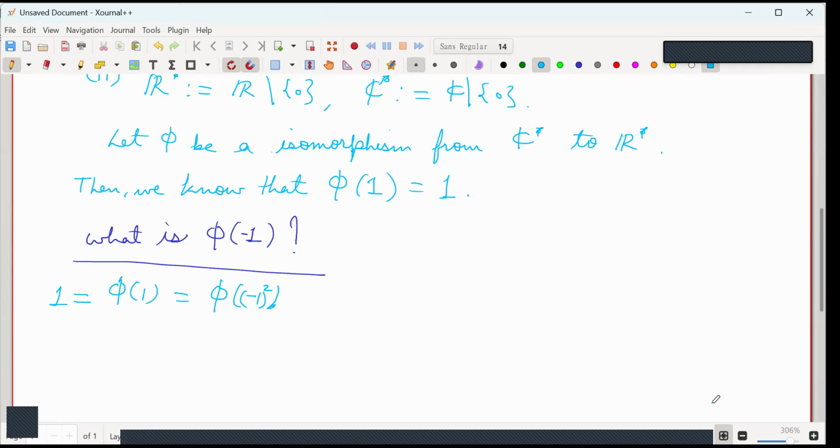Yes, sir. Write it more clearly. So this is minus 1 square. Now, since this is a homomorphism, I can take this square outside, right? This is because phi is a homomorphism.